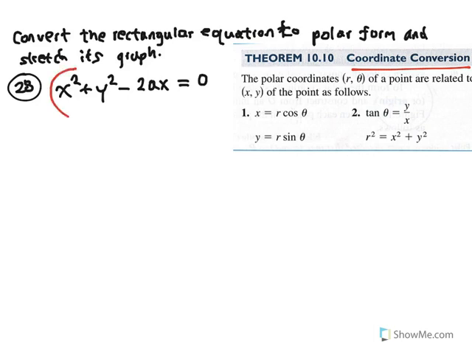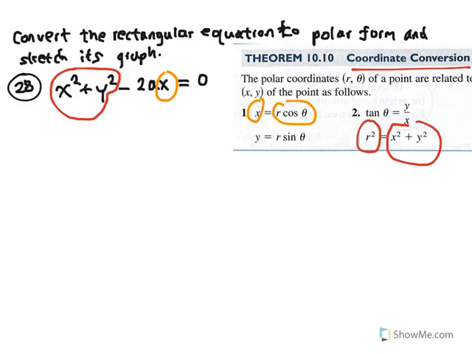So one thing that you notice is that you have x squared plus y squared here, and x squared plus y squared is equal to r squared. And you also have x here, and x is equal to r times cosine theta. So making those substitutions will allow us to no longer have x and y, but have everything in terms of r and theta.